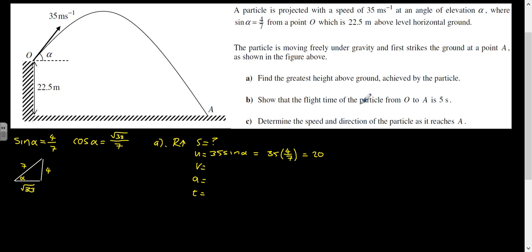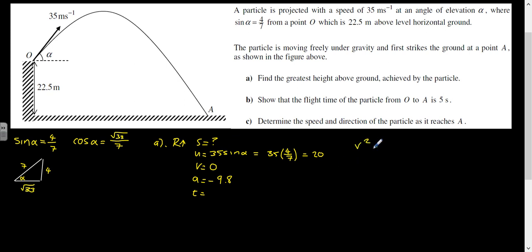Next, we have the final velocity. Well, we know already that when it reaches its greatest height, the final velocity is going to be 0. And then we have the acceleration, which is minus 9.8. And we have 3 things out of 4, so we're ready to go.